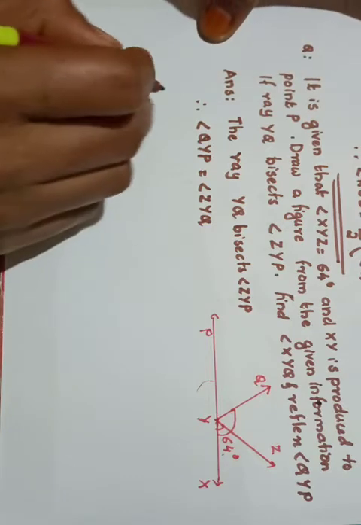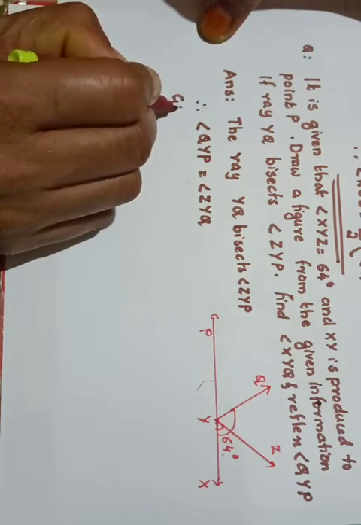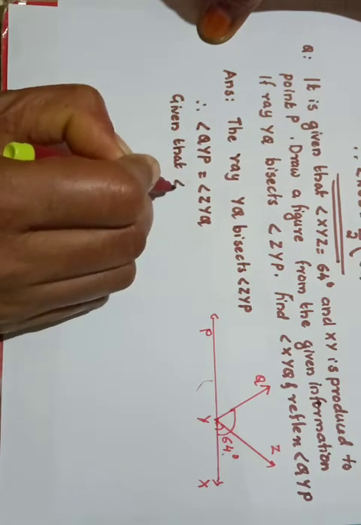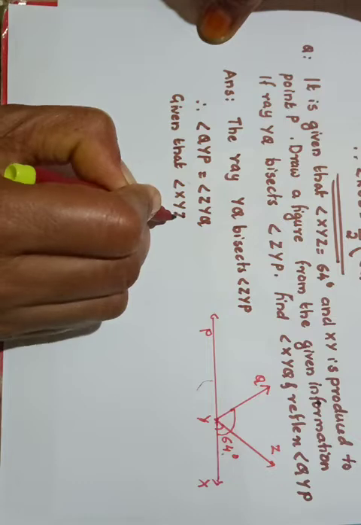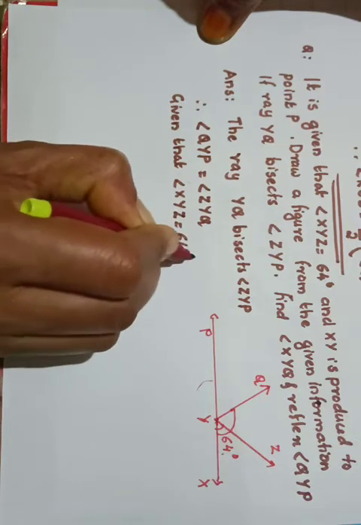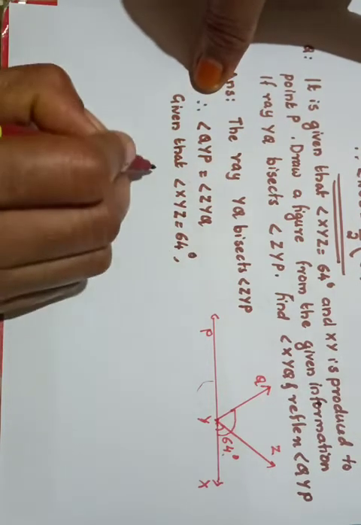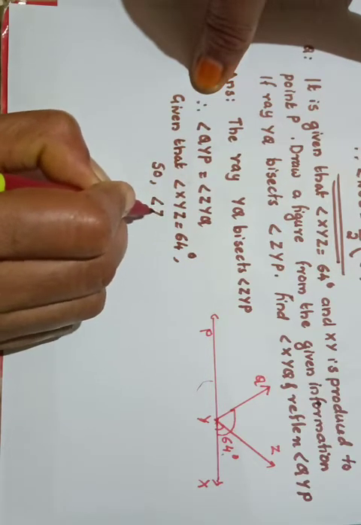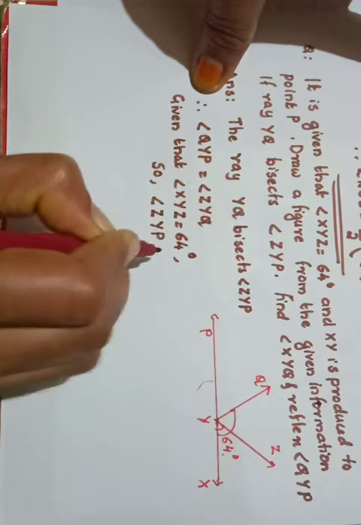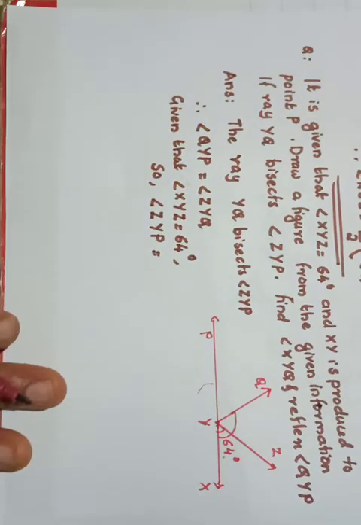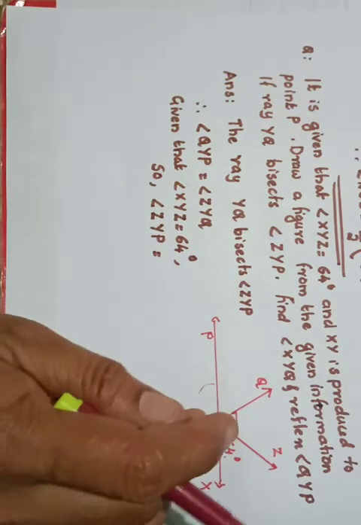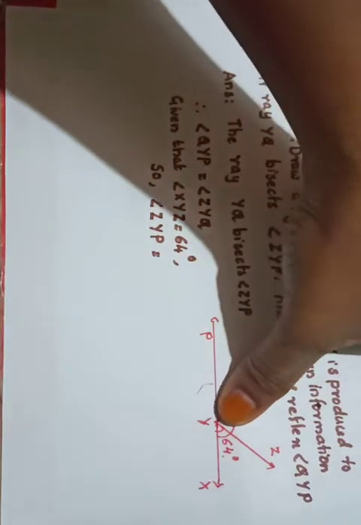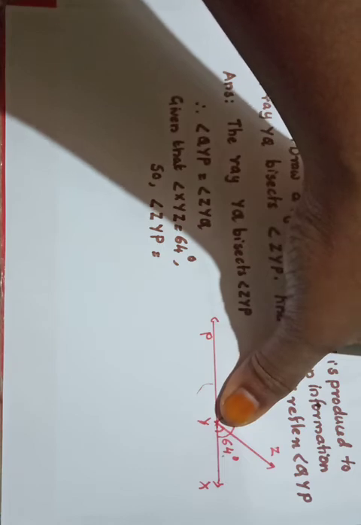Now, given that angle XYZ is 64 degree, what is the measure of angle ZYP? Can you tell? For time being, just imagine that this ray is not here.